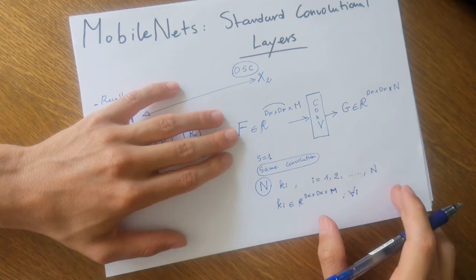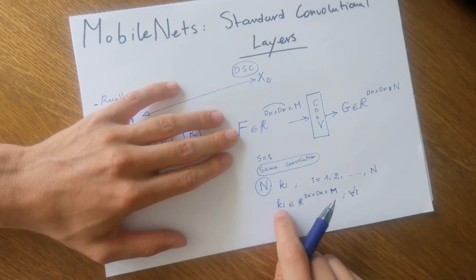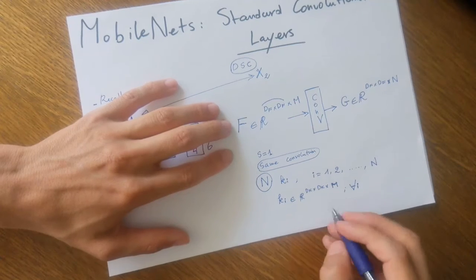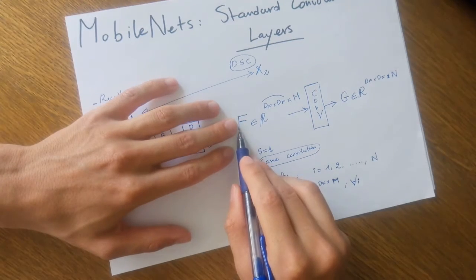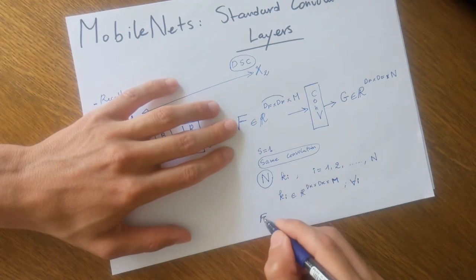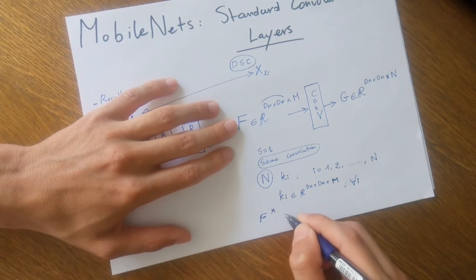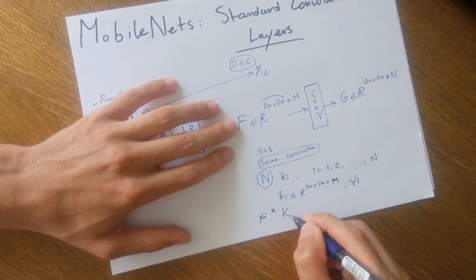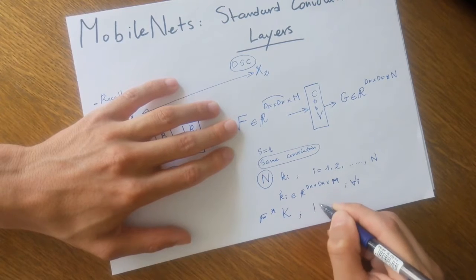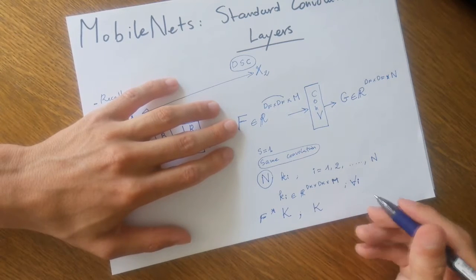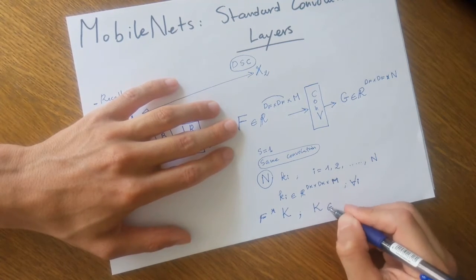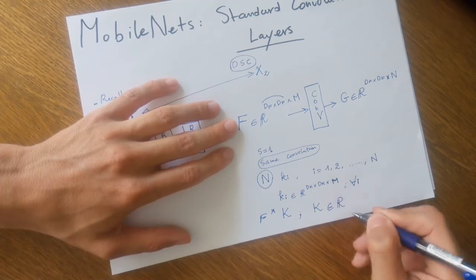Now, when we convolve with n kernels ki, we say that we convolve the input f with a kernel K, capital K, such that K is a 4-dimensional tensor, and here are the details of its dimensions.